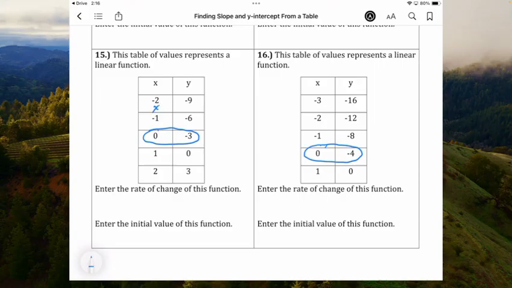Rate of change, let's do x1, y1, and all the way to the bottom, x2, y2. y2 minus y1 over x2 minus x1. Template. y2 is 3, y1 is negative 9, x2 is 2, x1 is negative 2.